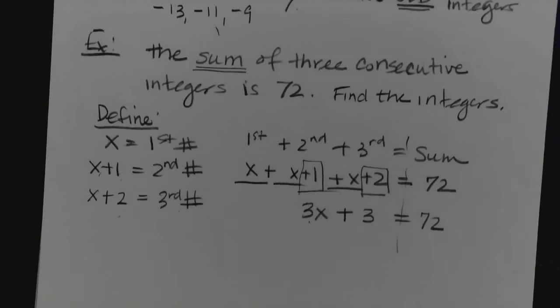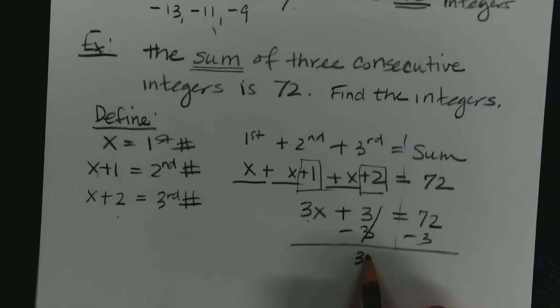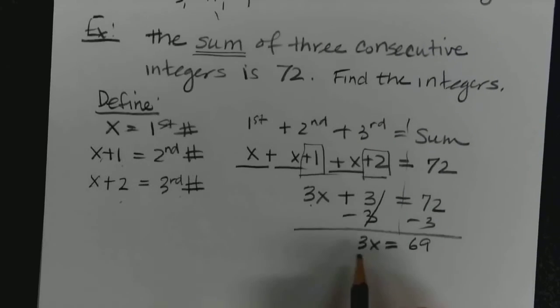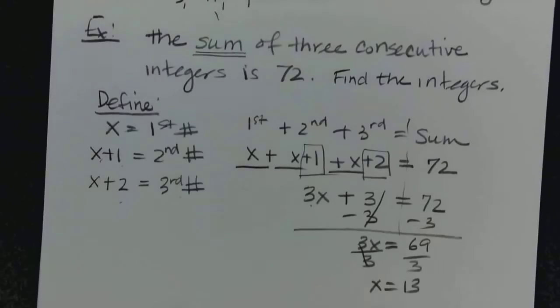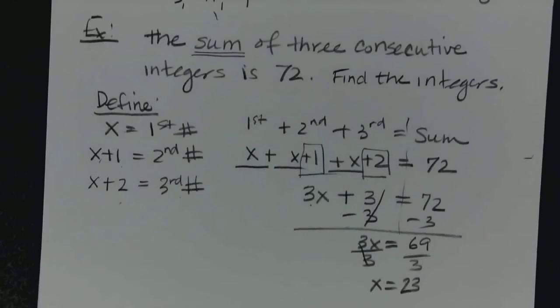Now you solve, which you guys know how to do, right? Minus 3 over, 3x is equal to, what is that, 69? Divide by 3, so x equals 13. Is it 13? Nope, 23. My bad.